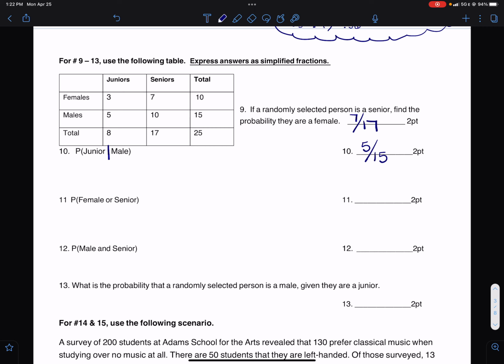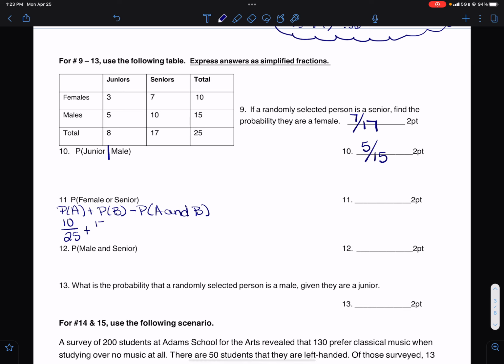So probability of a female plus the probability of a senior minus the probability of a female and a senior. So females, there are 10 out of 25.